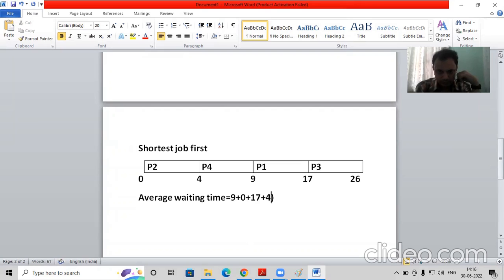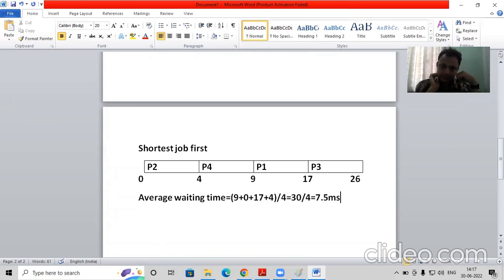Divided by the total, it is 30 by 4, which means 7.5.